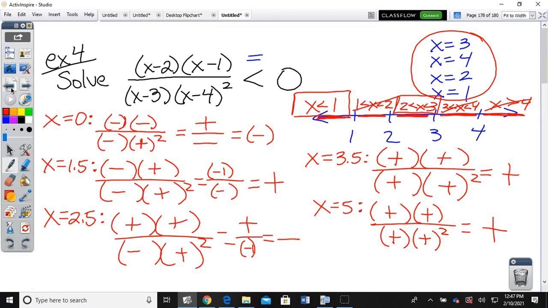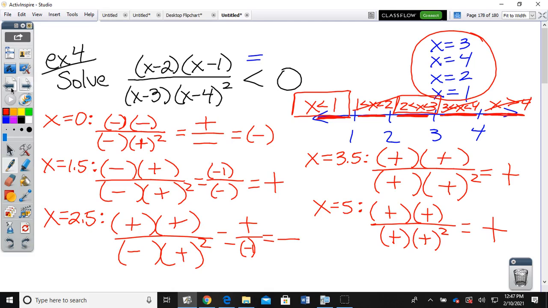But to answer the question, we needed it to equal 0. 2 and 1 gave me 0. So these first two were the ones that X can't be. And these are what the answers are, 1 and 2. But you use all 4 of those numbers to make your intervals.